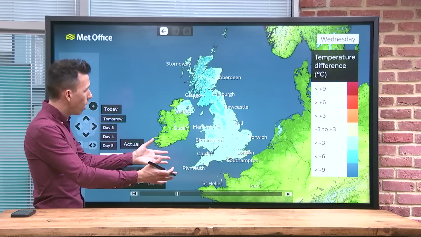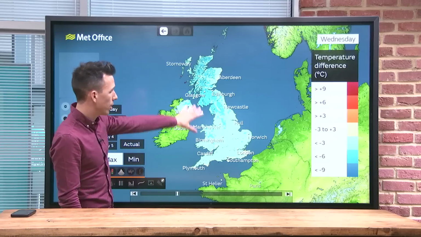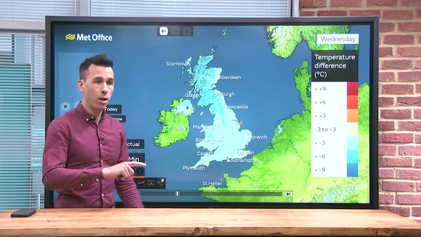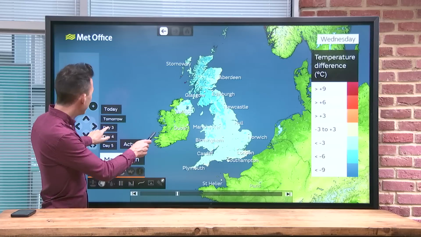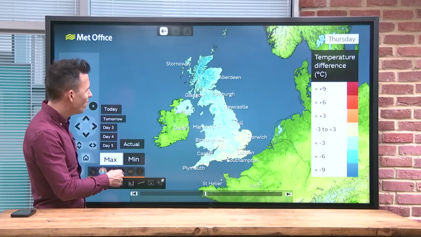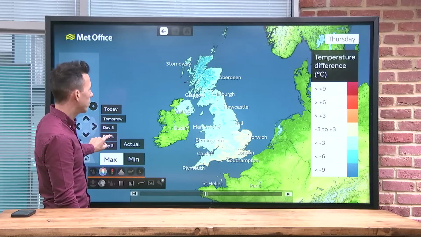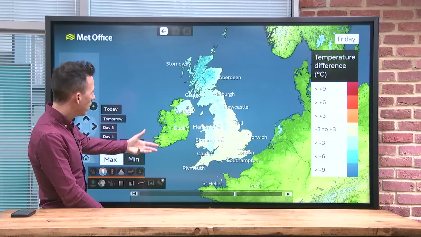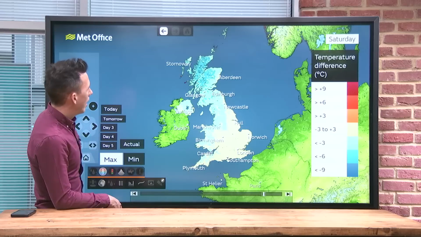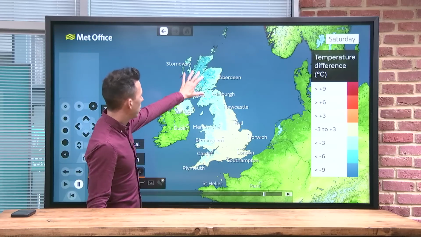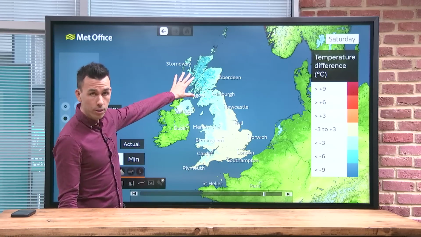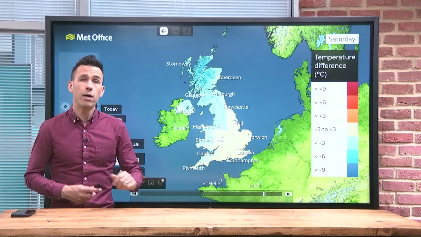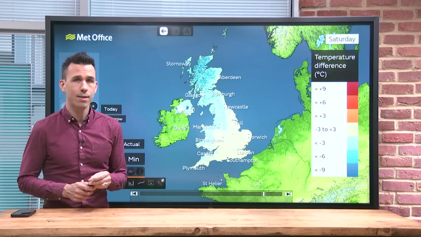But this shows that quite widely across northwestern parts of the UK, temperatures are several degrees below the June average. But this is Wednesday, and then you'll notice slightly less cold on Thursday, not much in it really, a degree or so. Again, some recovery on Friday and into Saturday as well. But the greatest anomaly is across the northwest of the UK, closer to normal there across the south and southeast.